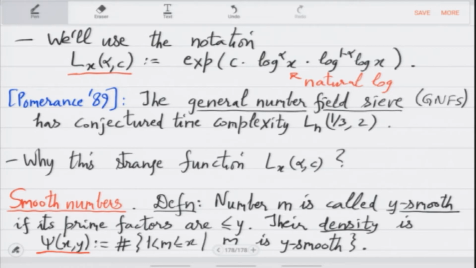We are interested in this as a function of x and y.